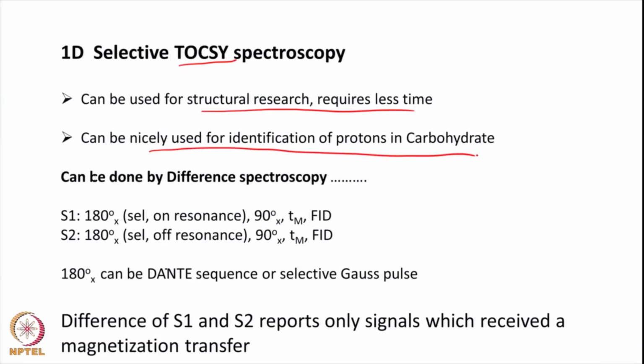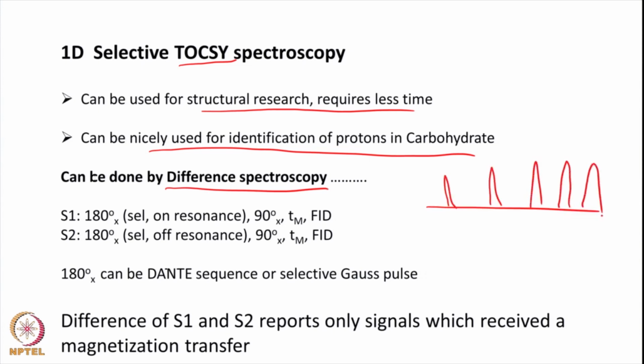So how are we going to do the experiment? We do 2 experiments and we take the difference between them. That is called a difference experiment. In experiment number 1, we apply a 180 degree selective pulse on resonance. Say I have 5 peaks here, 1, 2, 3, 4 and 5.